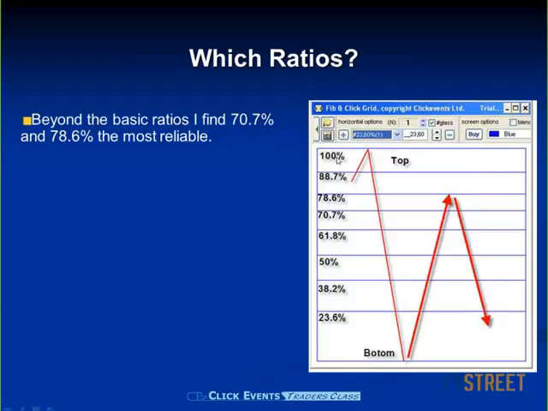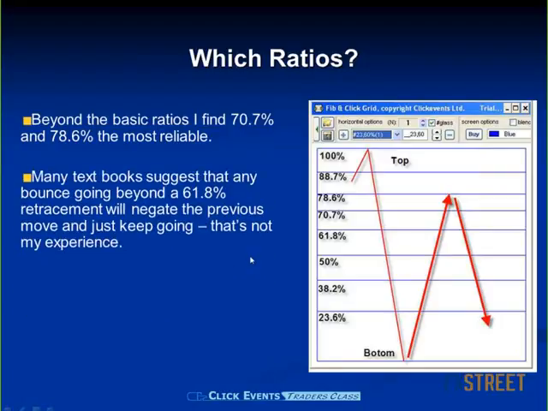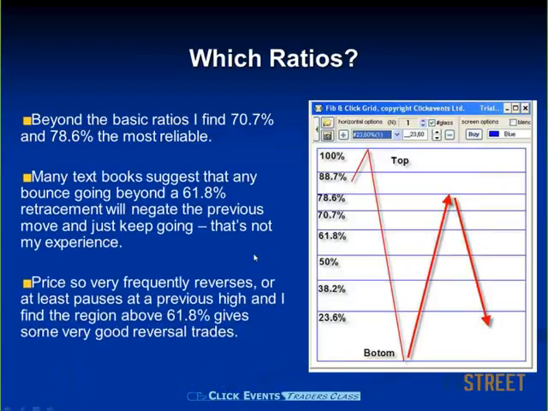So here we've got an idealized view where we've got a move from top to bottom, and then we've got the retracement, and that is a typical Fibonacci Forex market retracement up to 78.6. Okay? And if you hear anyone saying otherwise, just ignore them.